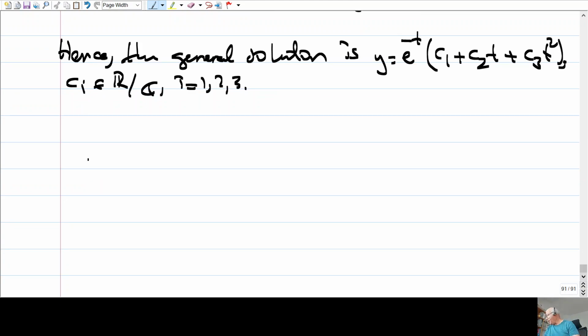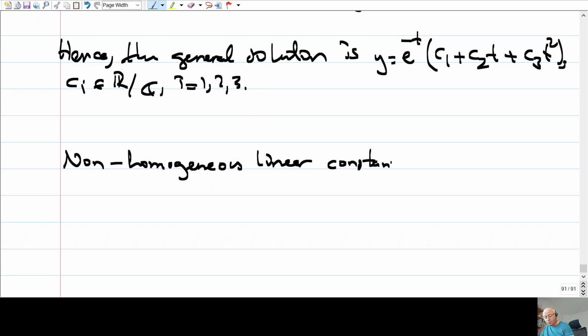So the next topic will be non-homogeneous linear constant coefficient equations. Actually, it doesn't have to be constant coefficients. Linear ordinary differential equations.